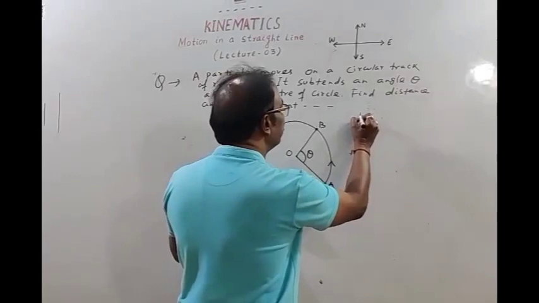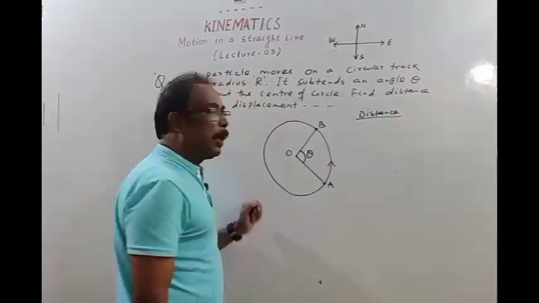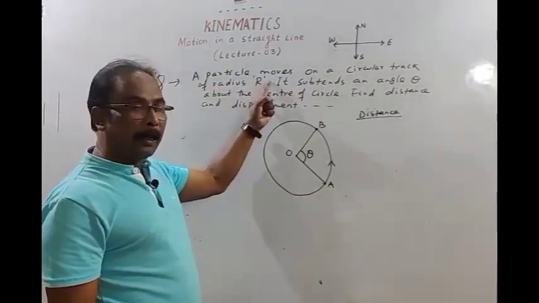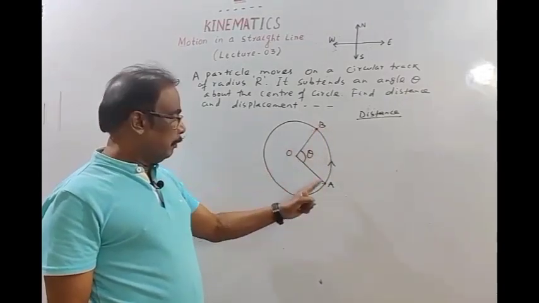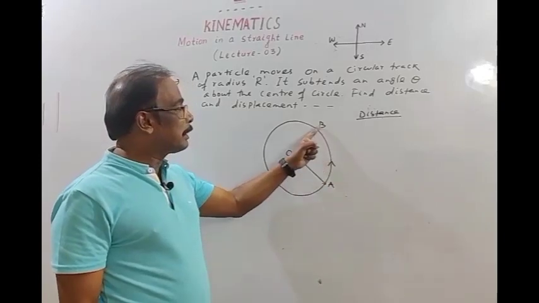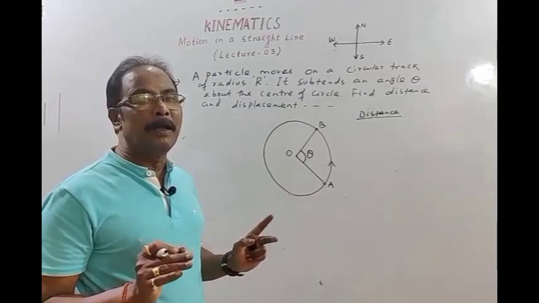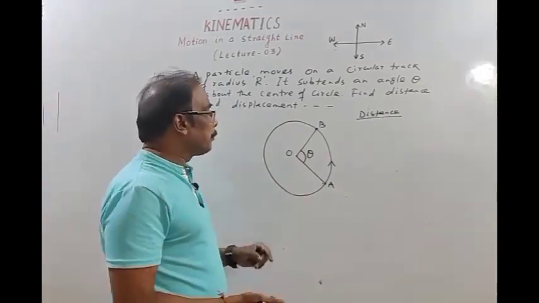Let's find distance first. Distance is the actual path traveled by the particle. The particle has moved from A to B along a curved path, means we have to measure the length of this curved path AB. See students, a very simple formula, you just remember it, it will be very useful to solve similar questions.